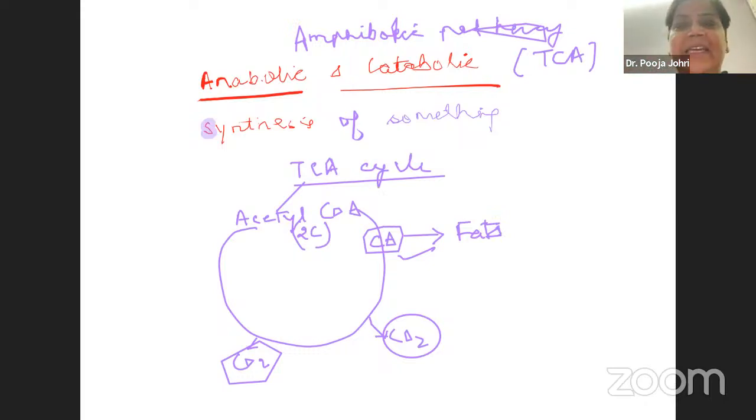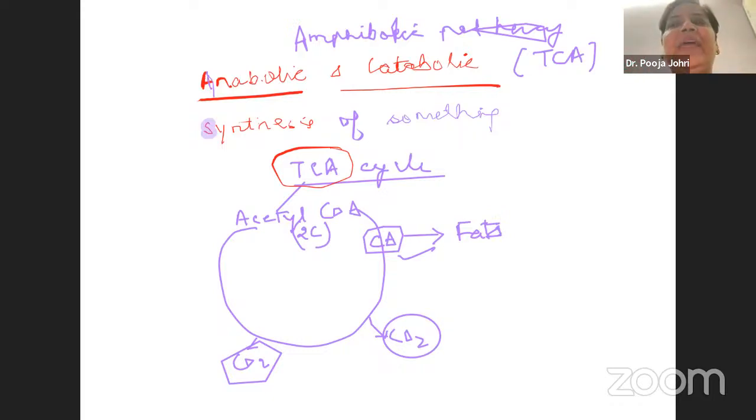So the TCA cycle is known as an amphibolic pathway. Clear हो गया बेटा? You can ask me if there is any problem. You can just write it in the chat box. My question is this: you people ask, what is amphibolic? What is anabolism? What is catabolism?